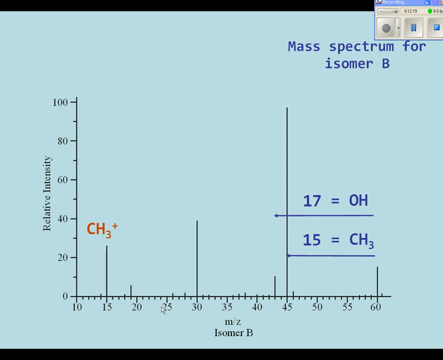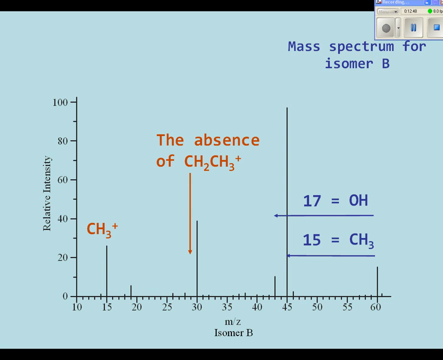There is also a spike at 15, which was our methyl fragment ion. But most characteristically, there is an absence of an ethyl fragment or ethyl separation occurring at what would be 29. Now, the absence of that suggests that this molecule does not contain an ethyl component.